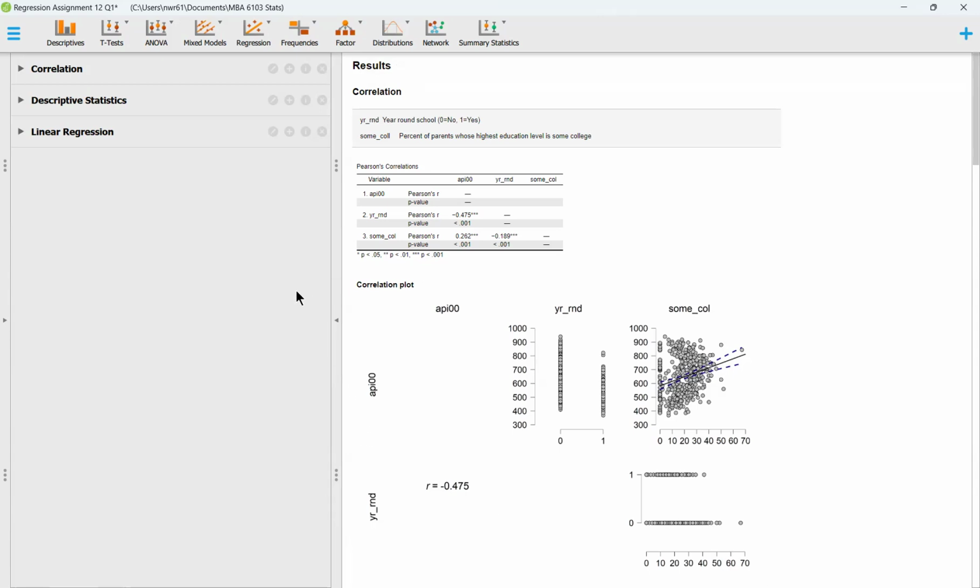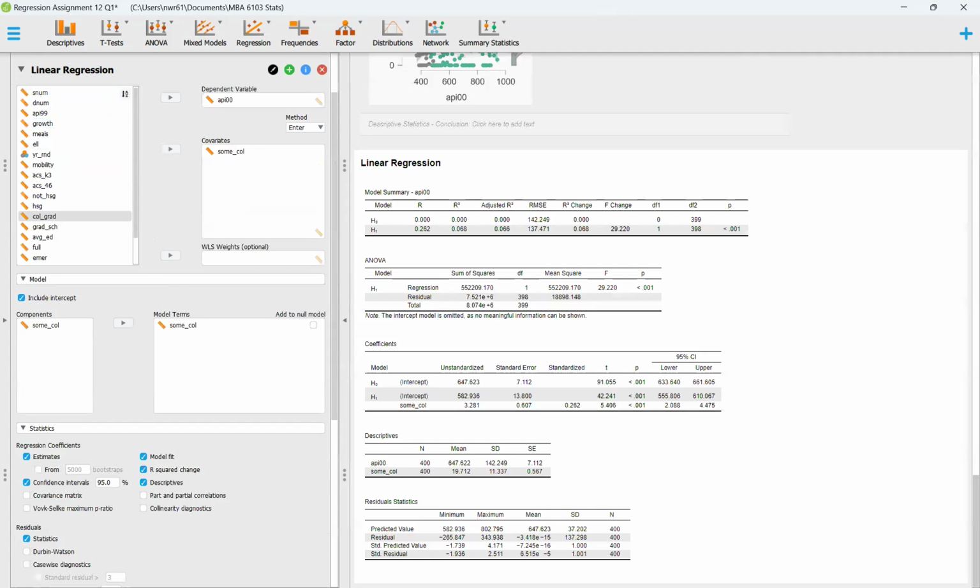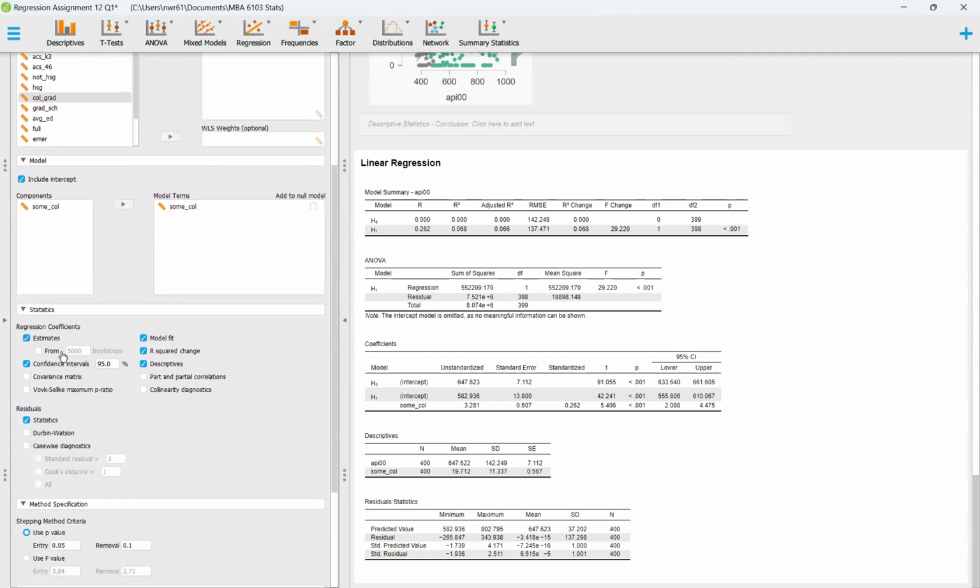Oh, wait. Linear regression. Okay, so that's what I don't have. I was still right about the API and the some college stuff. That was still correct. What I don't have for statistics is the tolerance or the VIF.